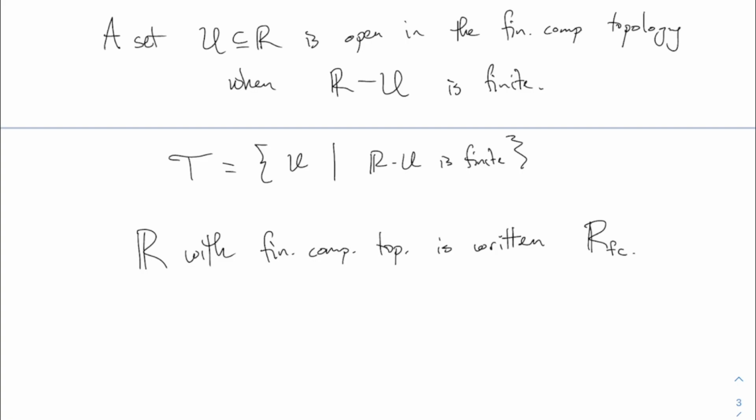And in life in general, when I'm talking about R, I'm usually talking about R with the standard topology. But if I want to talk about R with some other topology, we write it differently. So R_FC still means R. It's still like the real numbers, but it has a different topology to it. It's this topology where open set means that the complement is finite. All right.